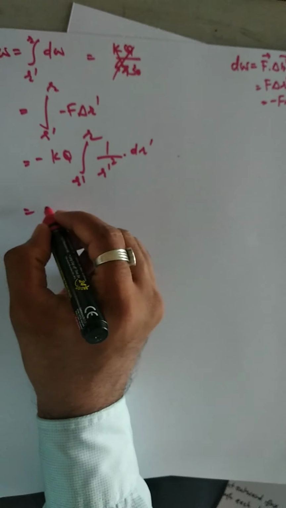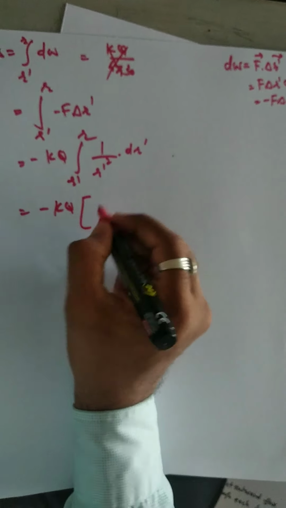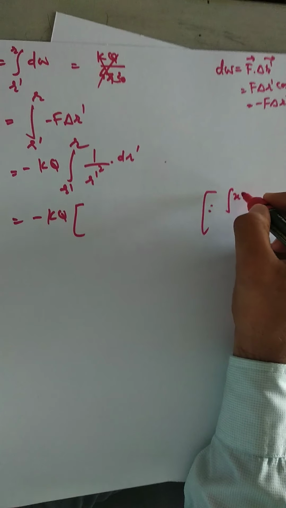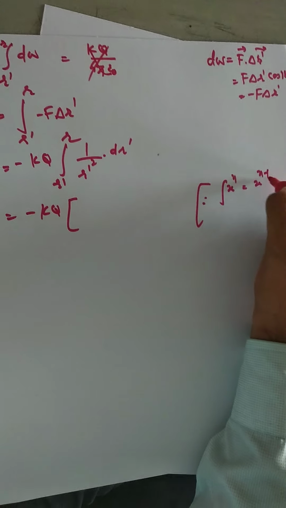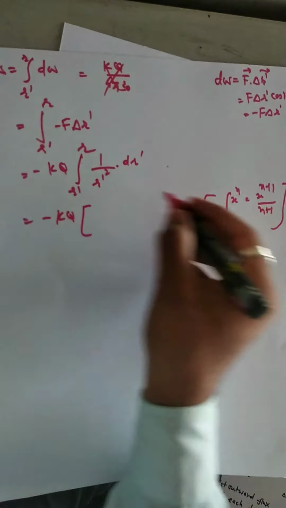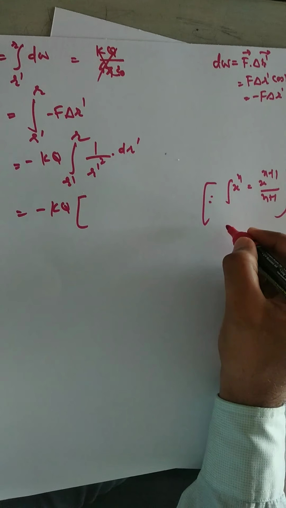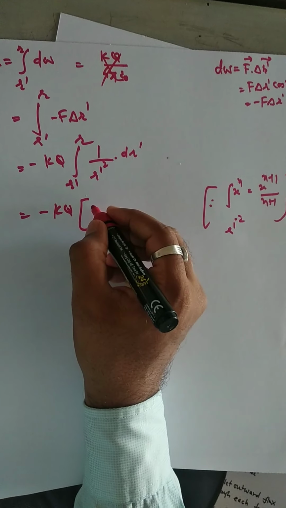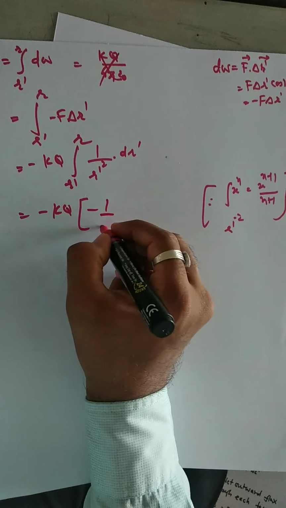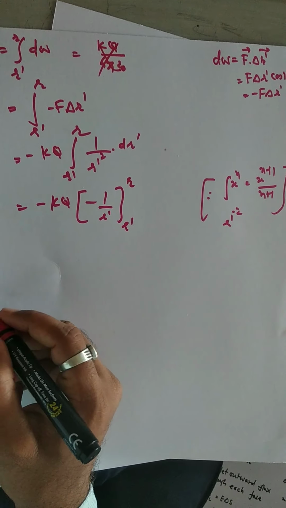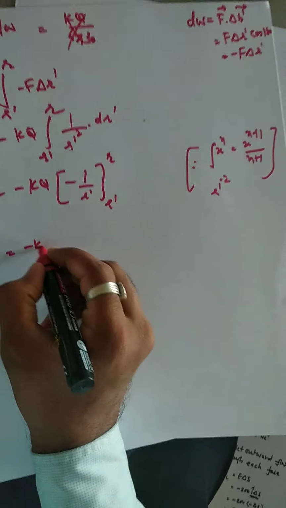If I simplify this integration, the equation will be minus kQ, and the integration of x raised to n is x raised to n plus 1 upon n plus 1. Using this formula, r dash raised to minus 2, so minus 2 plus 1 upon minus 2 plus 1, that will give you minus 1 upon r dash from r dash to r. Okay, so that is minus kQ.